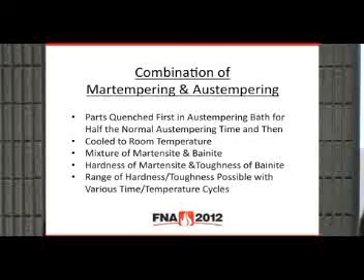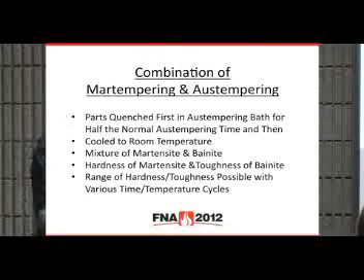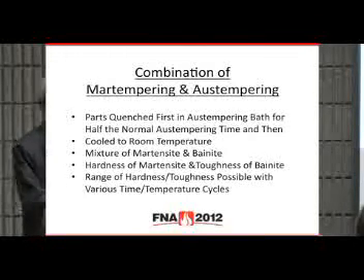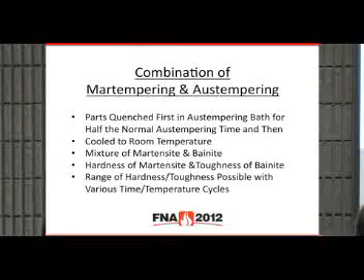So you essentially get a mixture of martensite and bainite. The hardness of martensite gives the benefit, and the toughness of bainite also adds as a benefit. And by various time and temperature cycles, you can develop various ranges of hardness and toughness for a particular steel.